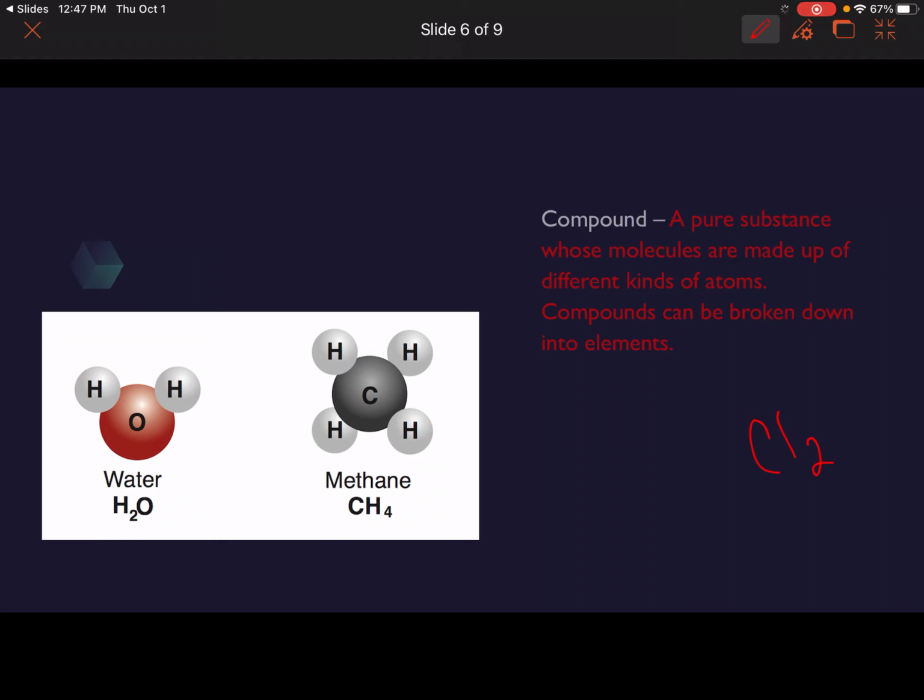Cl2 is a molecule, but it's not a compound because compounds have more than one thing, okay? So a compound, for example, water, we've got H2O made up of hydrogen and oxygen, and here's methane gas. This is our natural gas, which is 1 carbon and 4 hydrogen atoms there. Okay, so those are compounds.